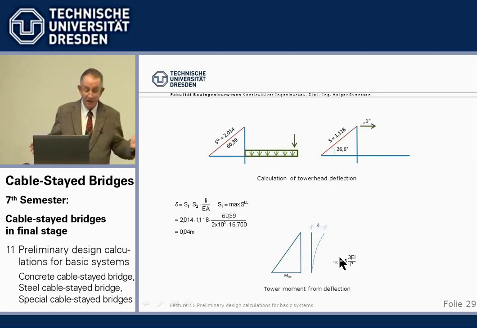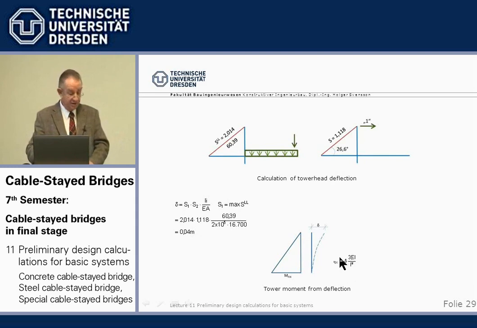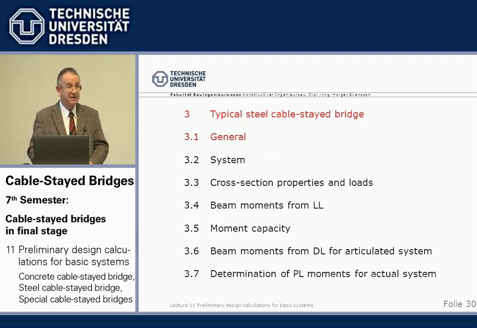So, I've shown you how to calculate the moments of a cable-stayed bridge by the beam moments from permanent load. We have the rigidly supported system, q L squared over 24.